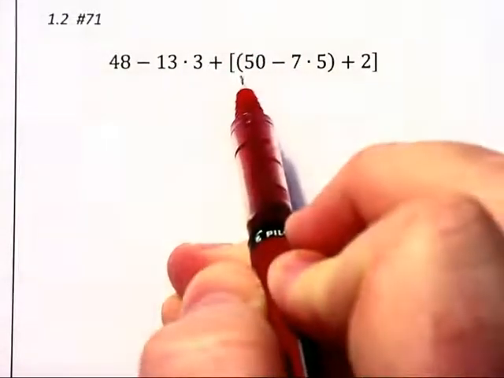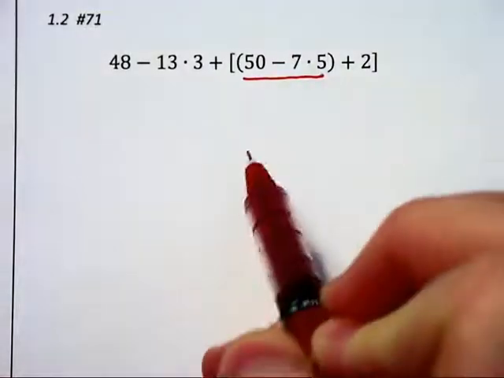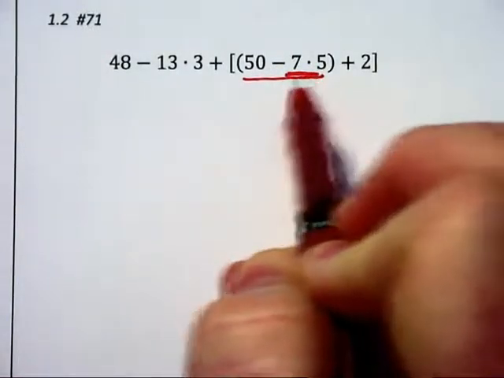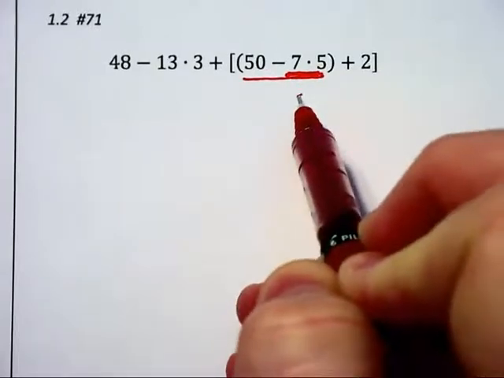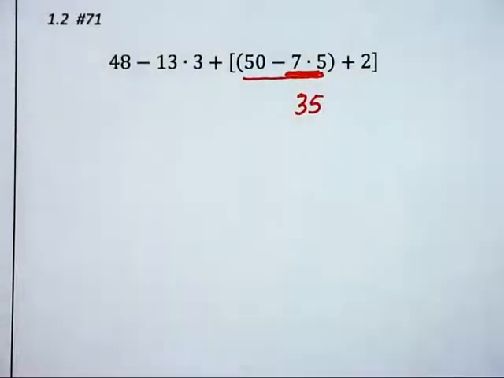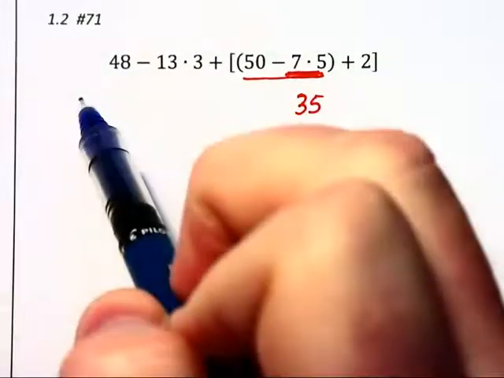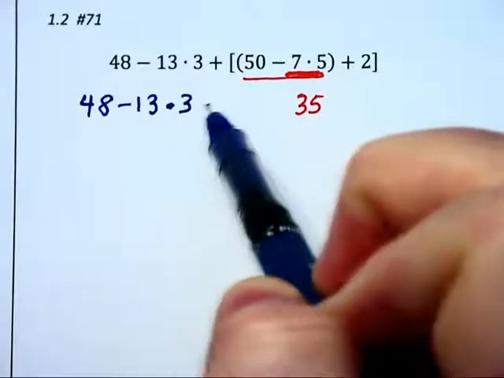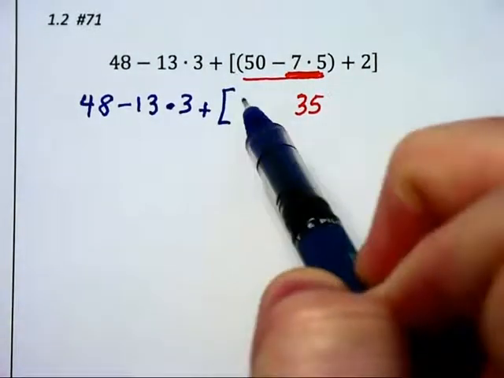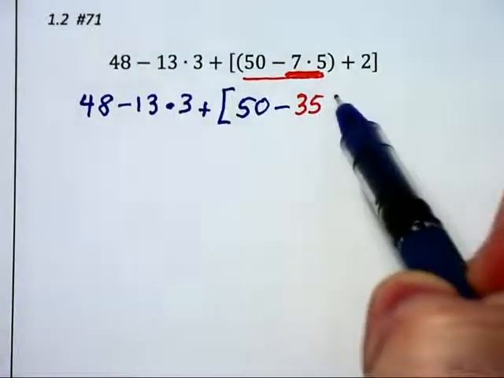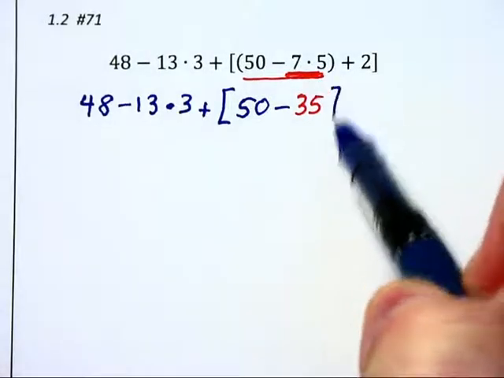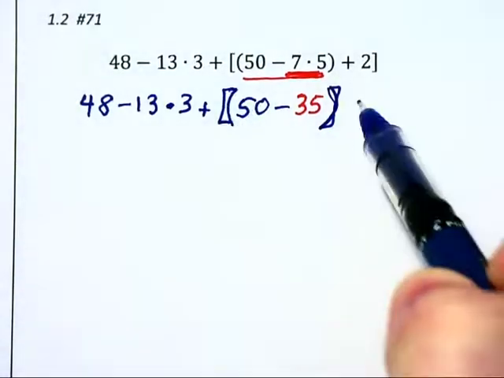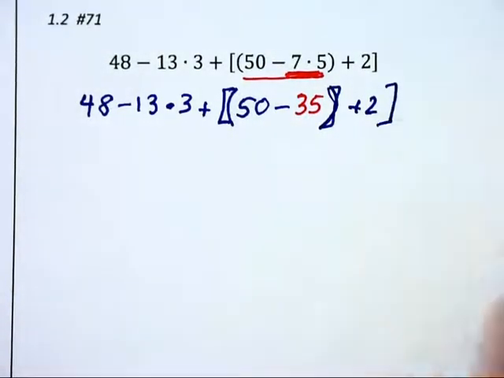And so we're going to start inside the innermost parentheses, and we have subtraction and multiplication, and we do the multiplication first, which will give us 35. Now I'm going to bring everything else down around it. 48 minus 13 times 3 plus bracket 50 minus this 35, then, whoops, that was in parentheses, plus 2 close bracket.